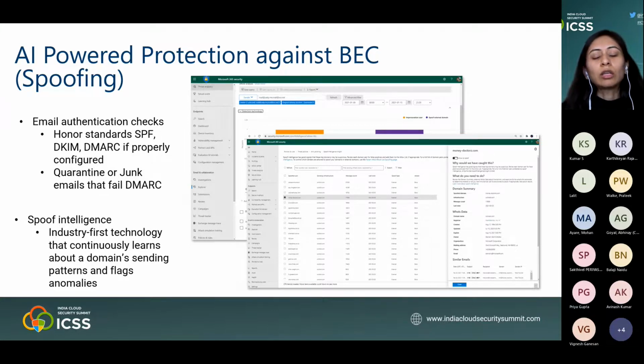So it honors the tenant allow block list, and you can always go to the tenant allow block list spoof senders section and proactively even add certain pairs that you might not want to get blocked or allowed by the spoof intelligence detection system.